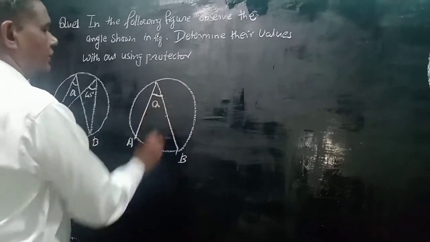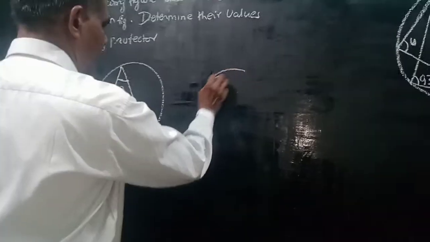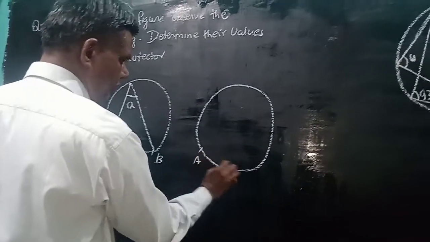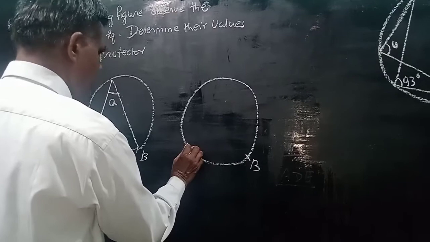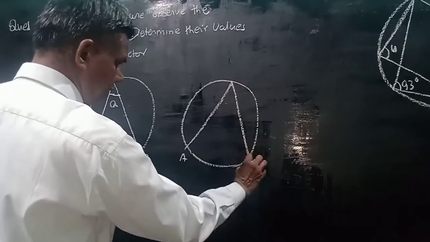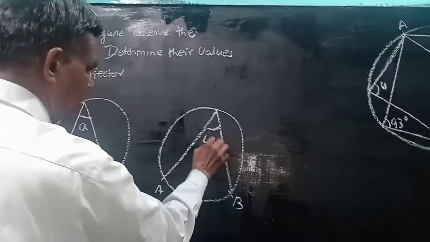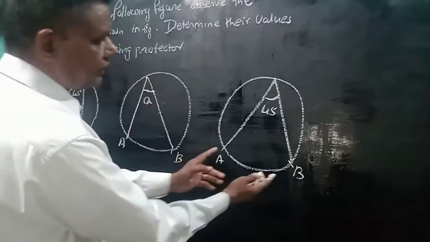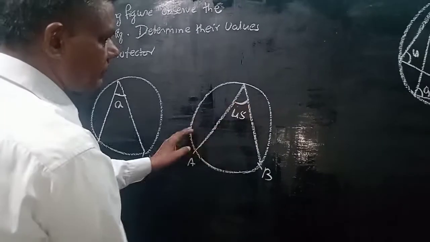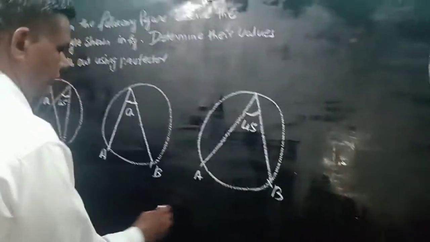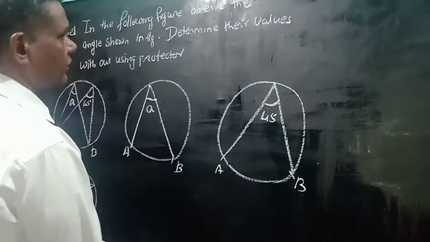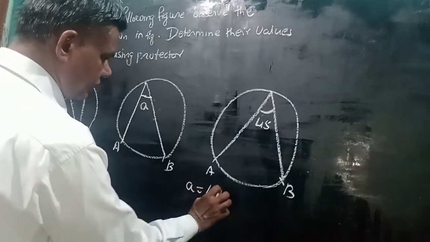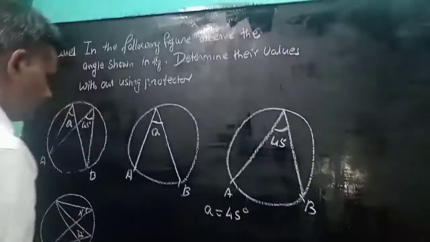This is angle A, starting from here and ending here. And another angle on the same arc AB is equal to 45 degrees. These are angles subtended by the same arc, so these two angles are equal according to the property of circle. Therefore the value of A is equal to 45 degrees.